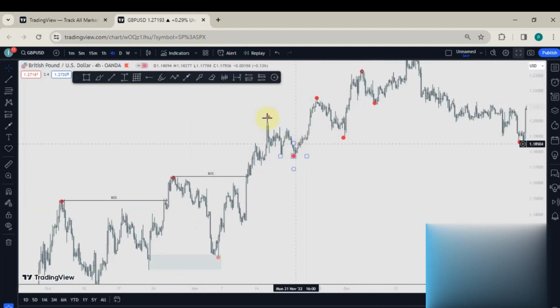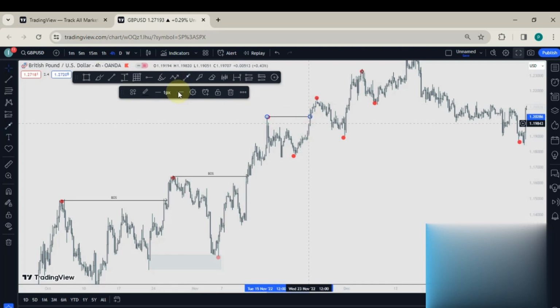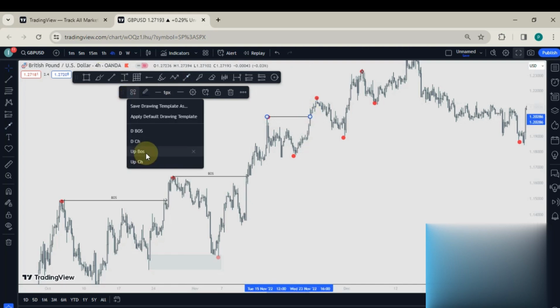And then again, this higher high gets broken by this lower low. So in this case, it creates a break of structure.